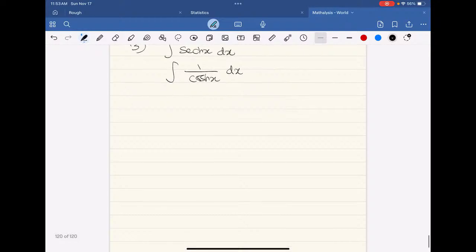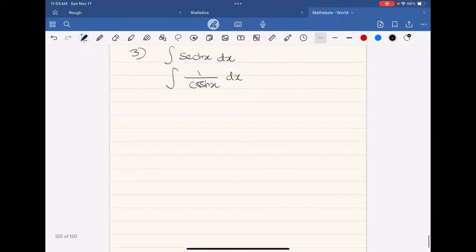Any ideas how I can make use of this now? Maybe I can introduce cosh square x minus sinh square x in the denominator, right?